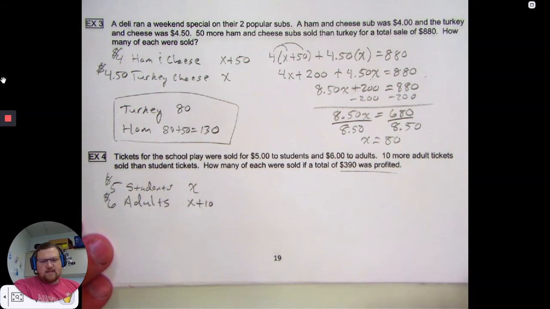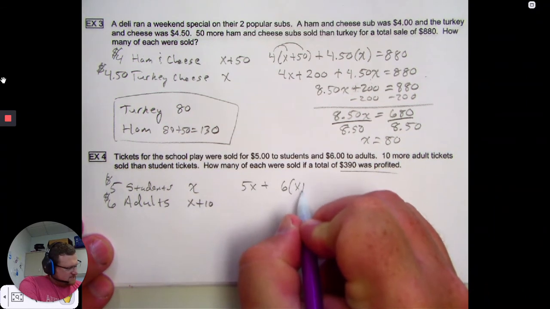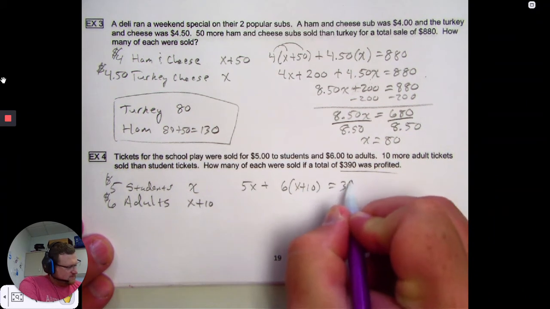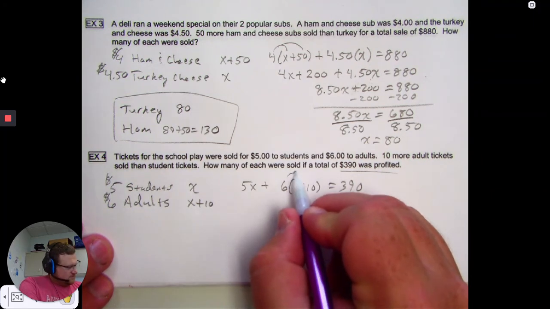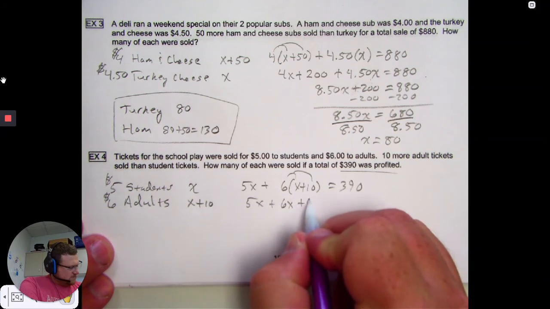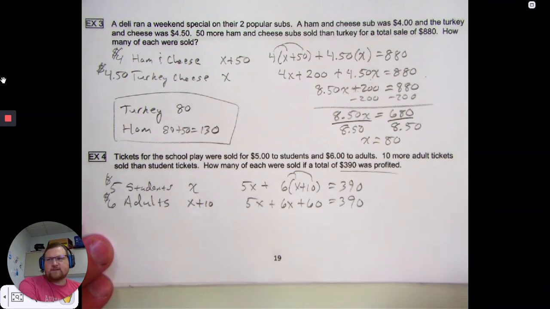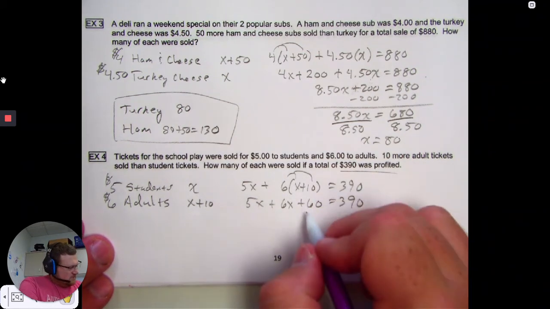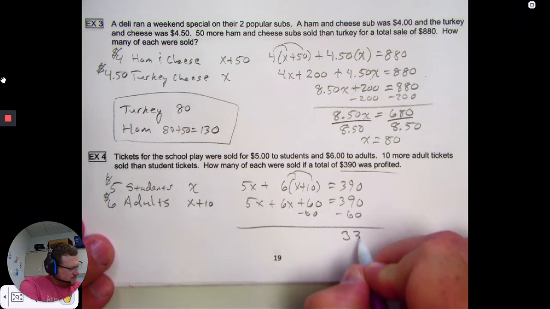So now we have to set our equation to equal that 390. So 5x plus 6 times x plus 10 has to equal $390. So if we distribute the 6, 5x plus 6x plus 60 has to equal 390. We can subtract the 60 from both sides, and this gives us 330.